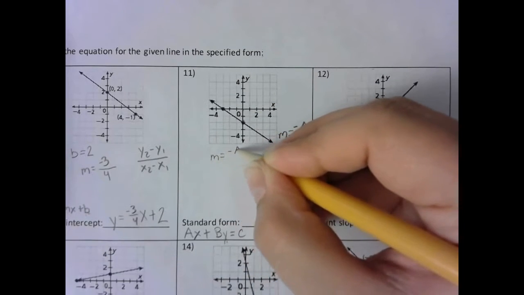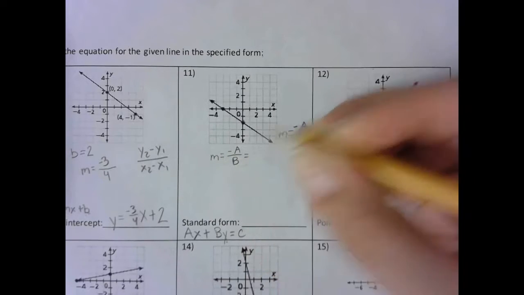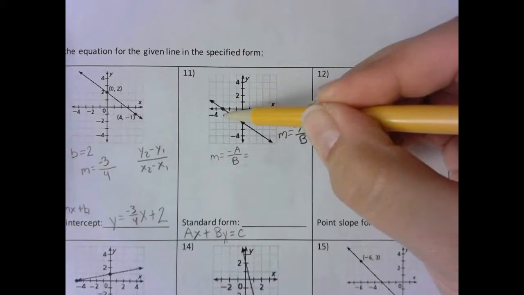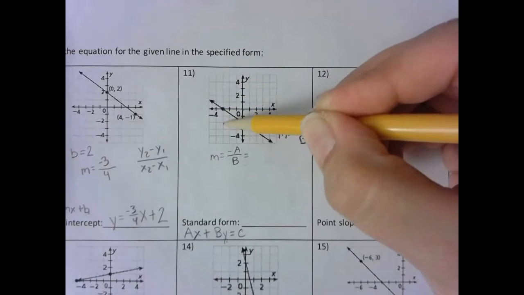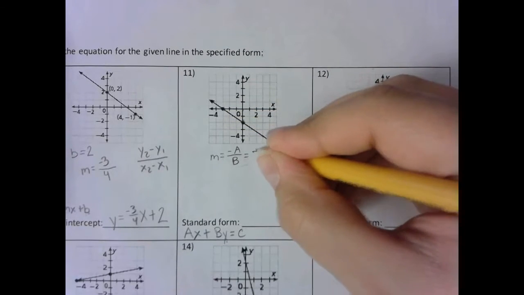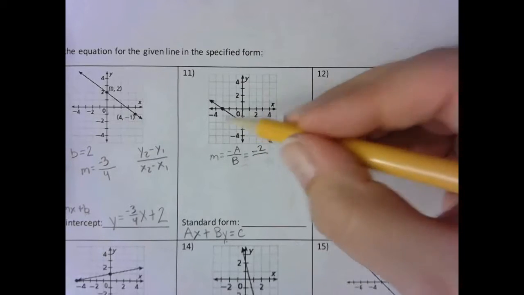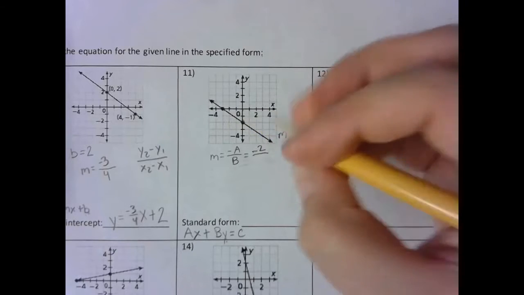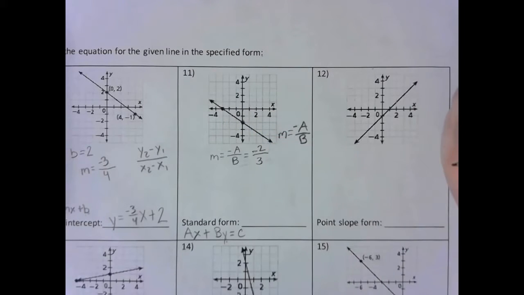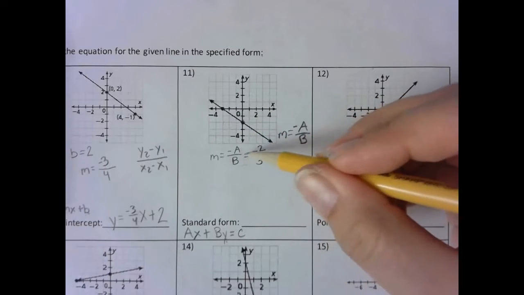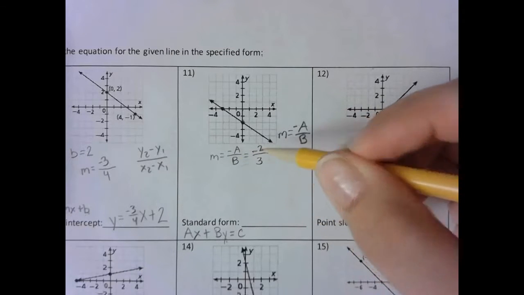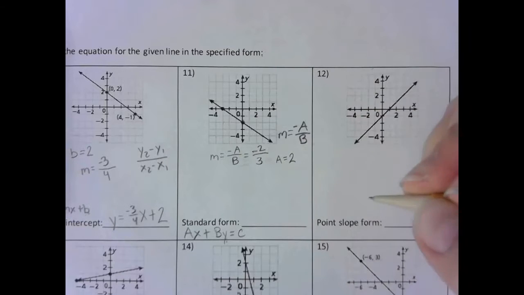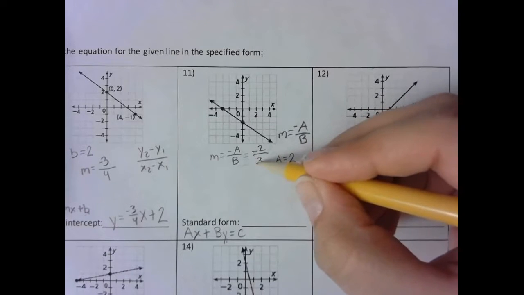Let's start on this point. We're going to go down 1, 2. So we went down 2, negative 2, and then we went to the right 1, 2, 3, over 3. So that tells me that negative a equals negative 2, so a is just 2, and b equals 3.